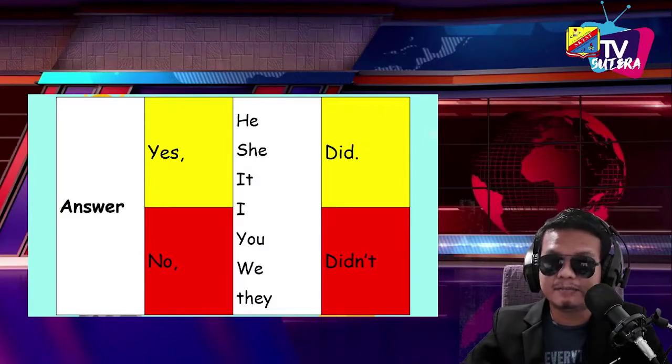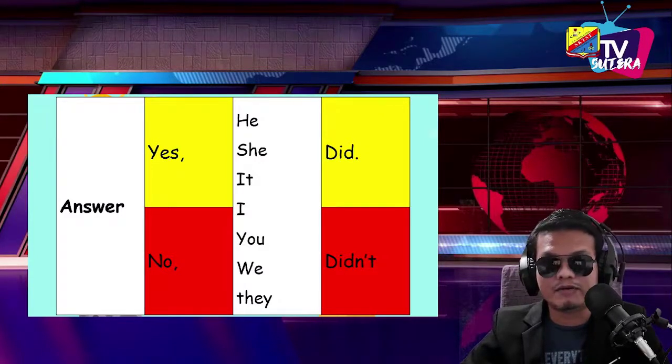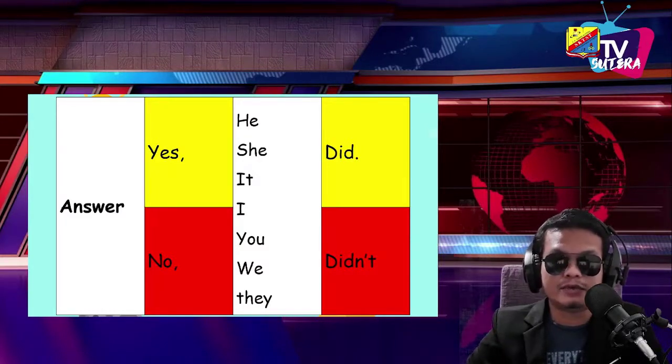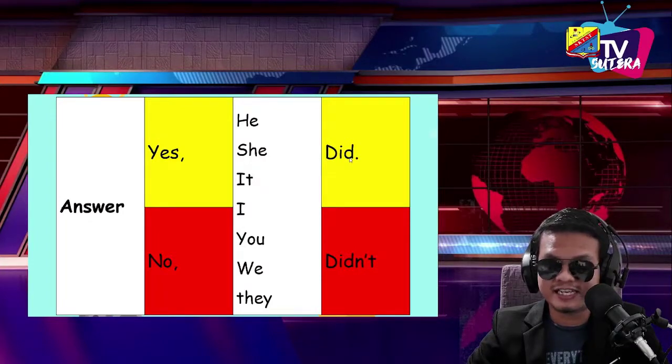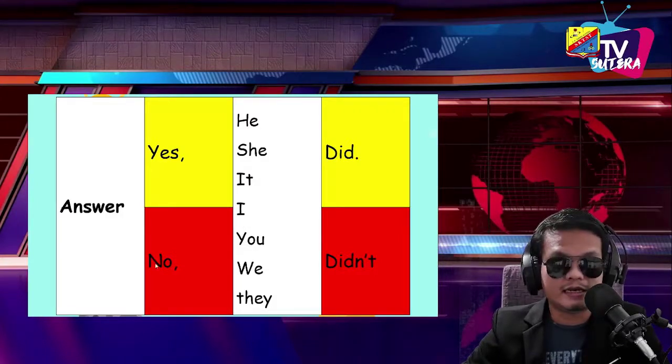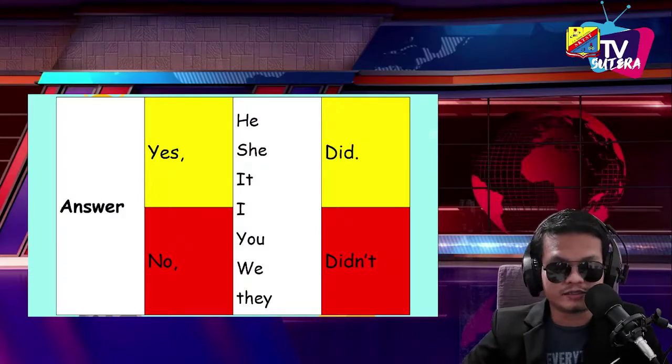If the person really ate the cake, we say yes, he did, or yes, she did. But if the person didn't eat the cake, we say no, he didn't, or no, she didn't, or we can use any of these subject pronouns if it is suitable with the answer and the question.